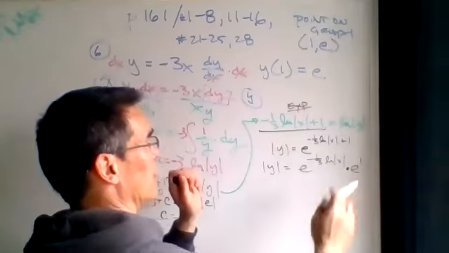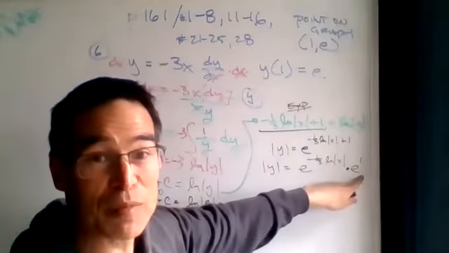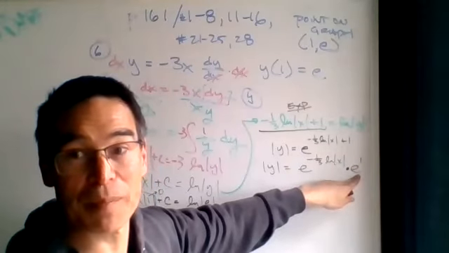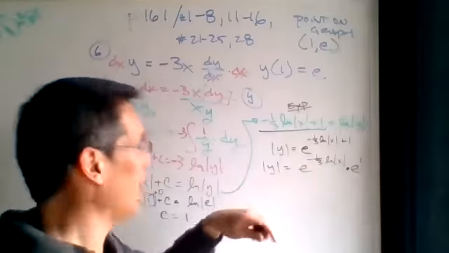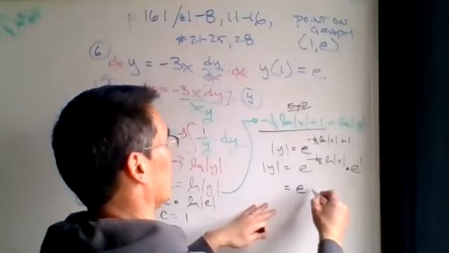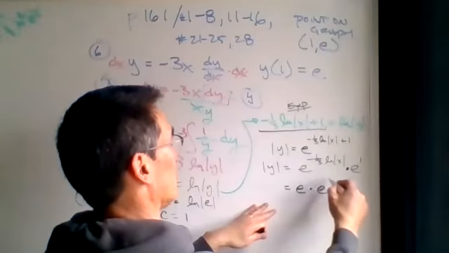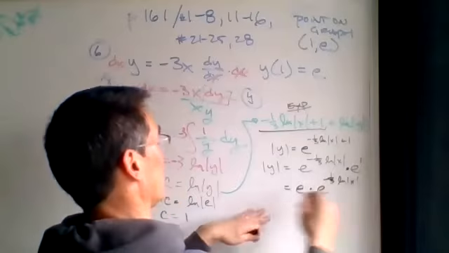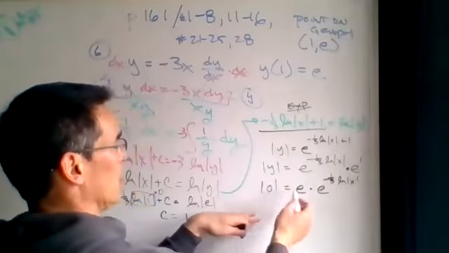That means times right there, times e. So that's where this e comes from, okay? So if you want, you can say e times e to the -1/3 natural log of x.